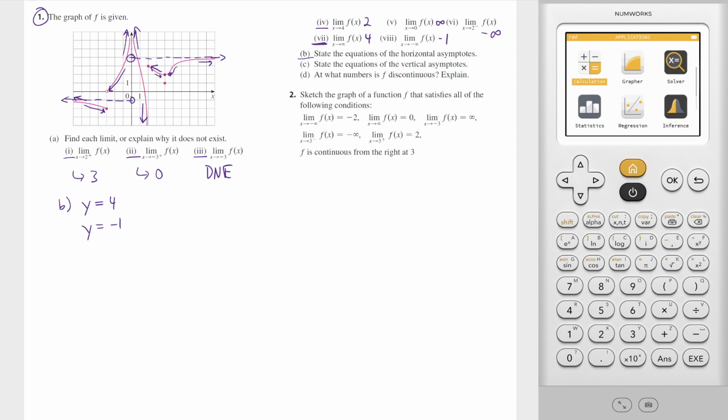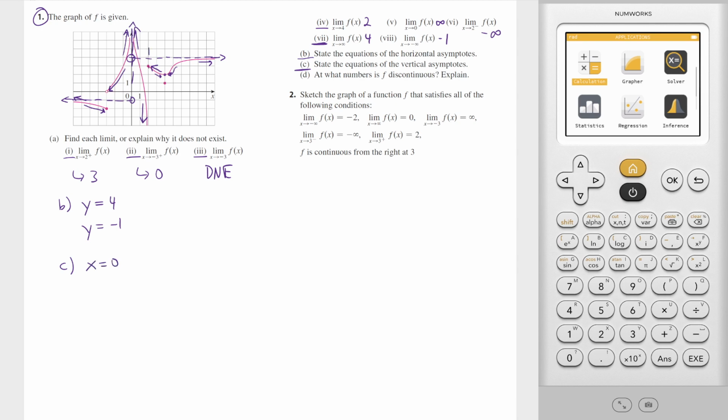And then C says state the equations of the vertical asymptotes. Looking at part C, there is one right here at x equals 0 that the function approaches from both sides. So one of them is x equals 0.